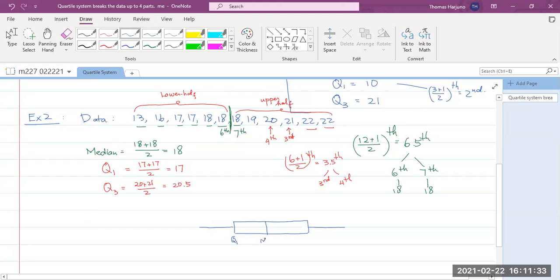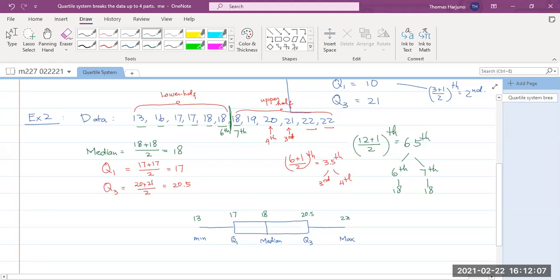This is the median. This is the third quartile. This is the minimum. And this is the maximum. Okay, so in this case, the minimum will be 13. And then the first quartile is 17. The median is 18. The third quartile is 20.5. And the maximum is 22.